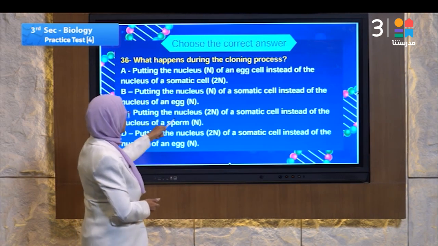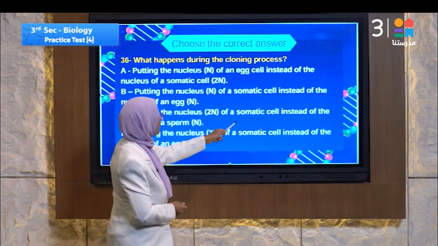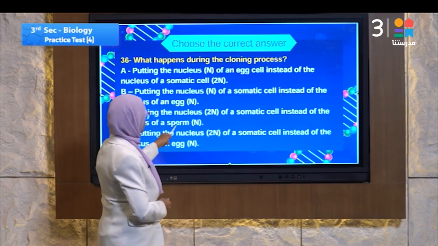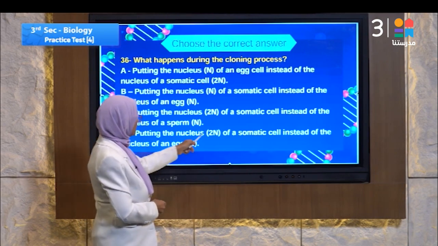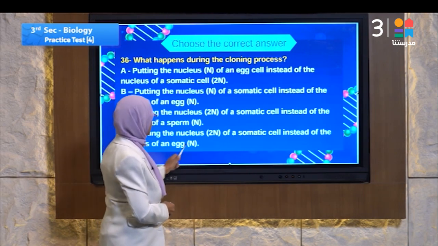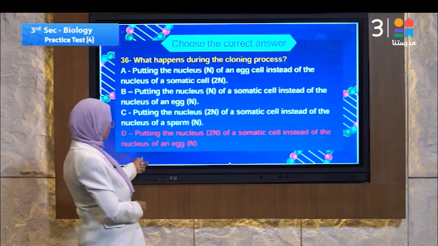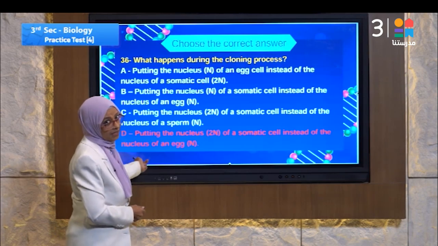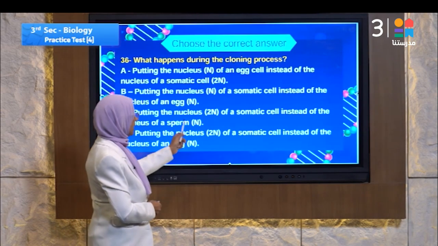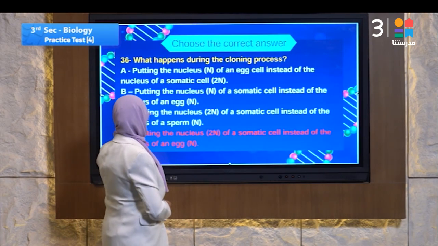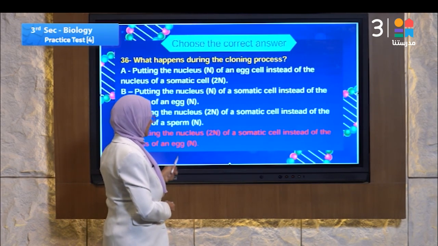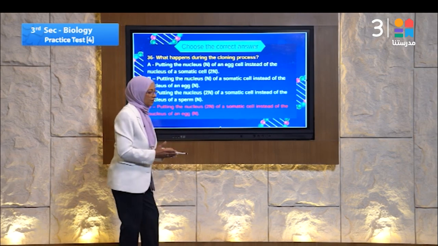Number C, putting the 2N nucleus of a somatic cell instead of the nucleus of the sperm. Putting the 2N nucleus of the somatic cell instead of the nucleus of an egg, that's the answer. We put the 2N nucleus of a somatic cell instead of the nucleus of an egg to make a clone.